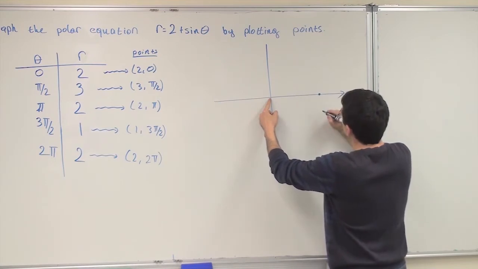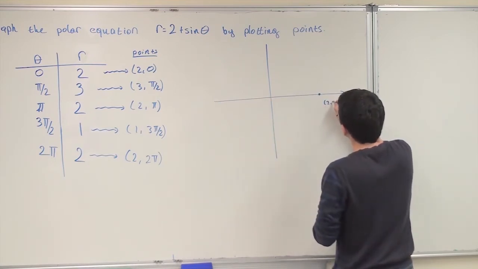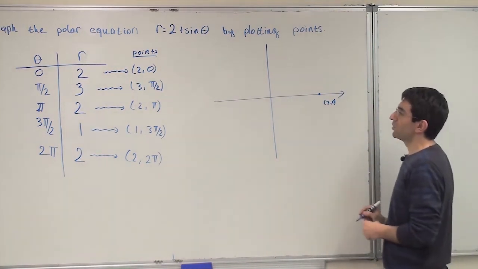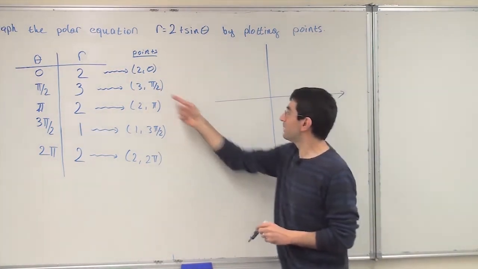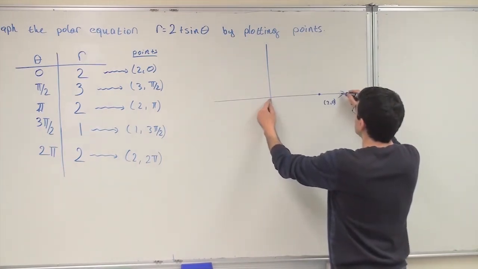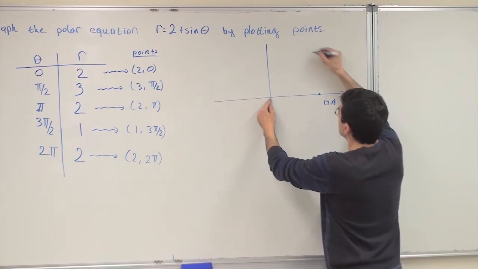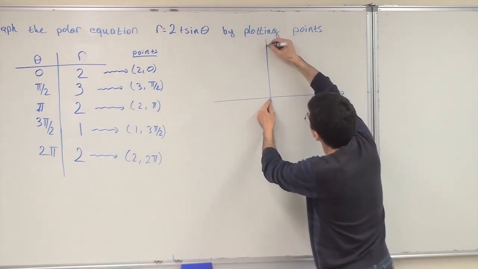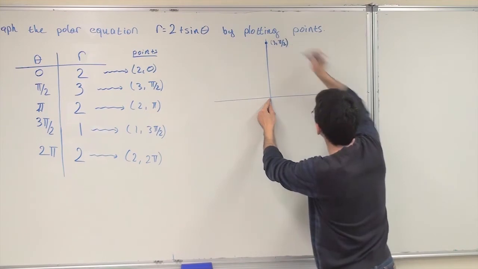So the point 2, 0 is here. Then our next point is 3, pi over 2. So we measure distance of 3 and then rotate this by pi over 2, which we are going to find point here.